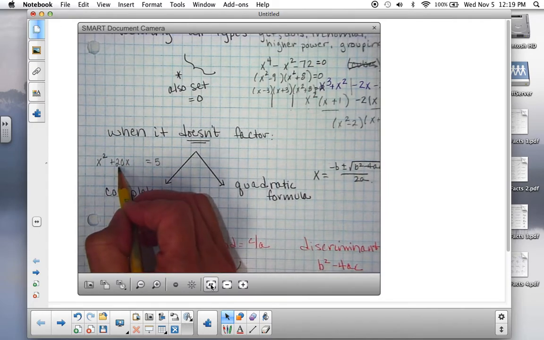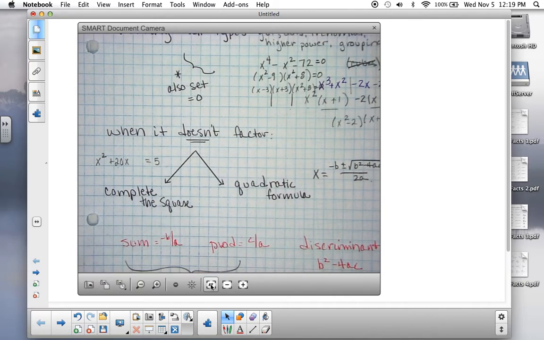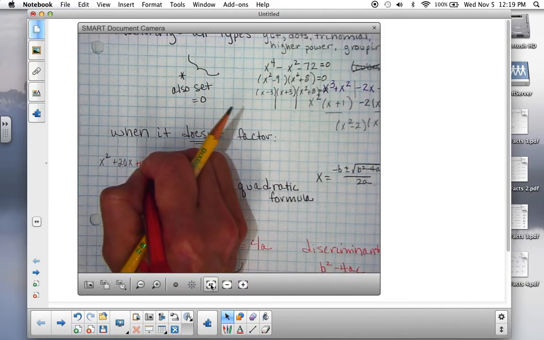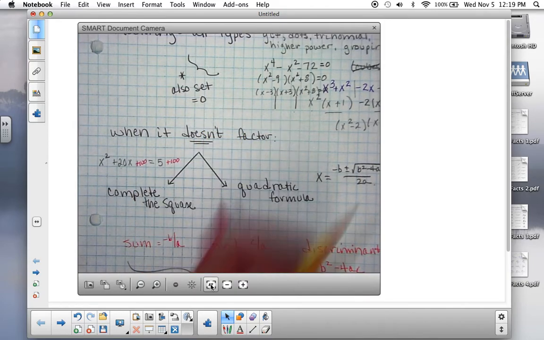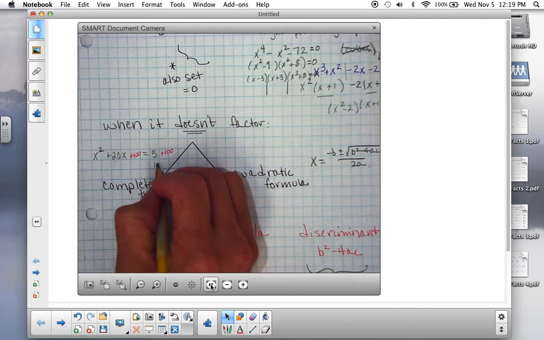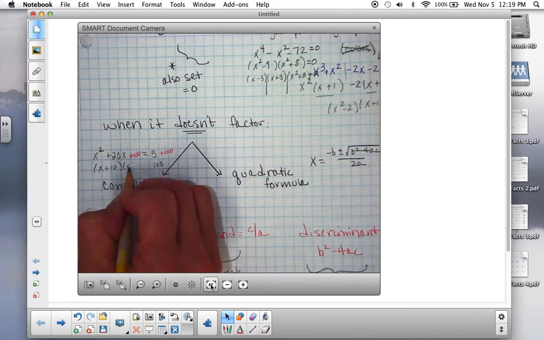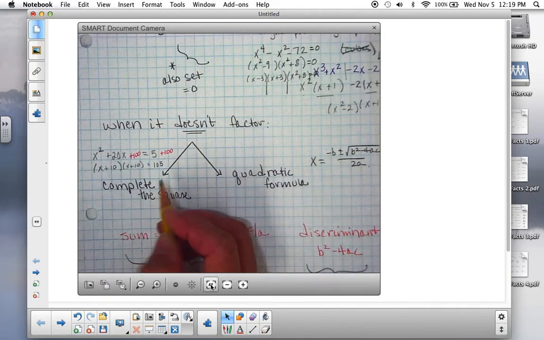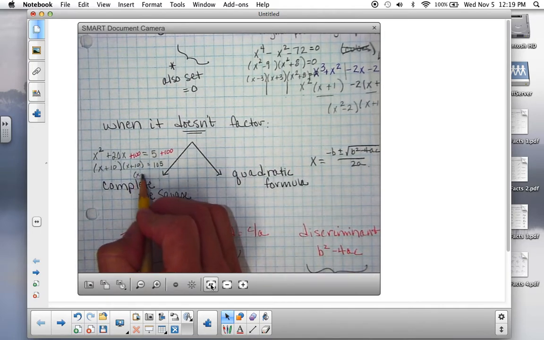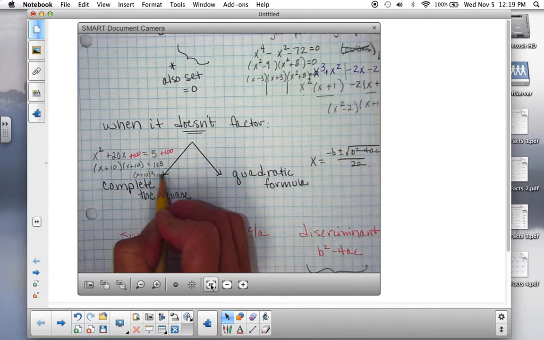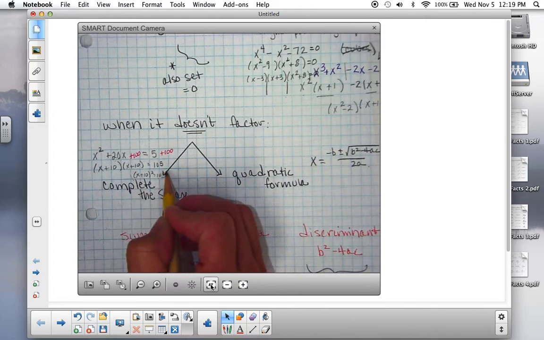Cut the middle number in half and then square it. Half of 20 is 10. 10 squared is 100. That would be the number that you add to both sides. You end up with 105 on this side. You end up factoring to x plus 10, x plus 10. And because we got two of them, we write x plus 10 quantity squared equals 105, and then you do a square root of each side.